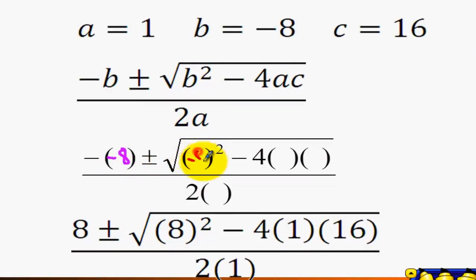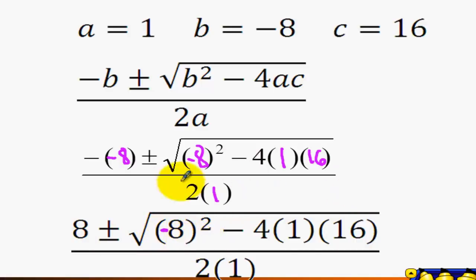This is also negative 8. a is 1, c is equal to 16, and of course, our a is also equal to 1. So negative of negative 8 is equal to positive 8 plus and minus negative 8 squared.